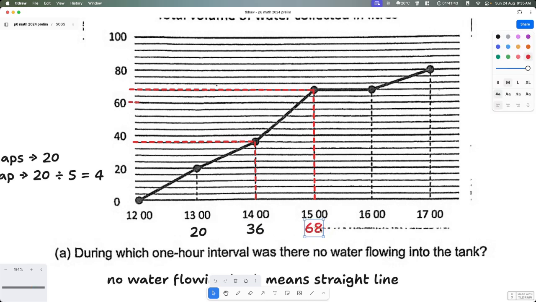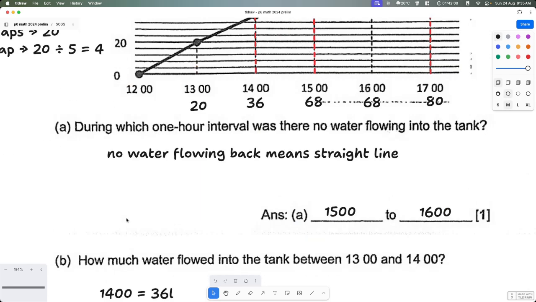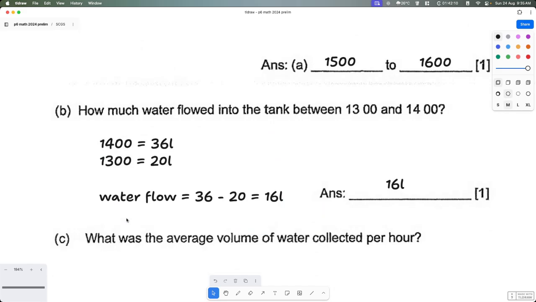The next one is also 68. And then lastly for 1700 hours. So now we know all of the numbers are here.